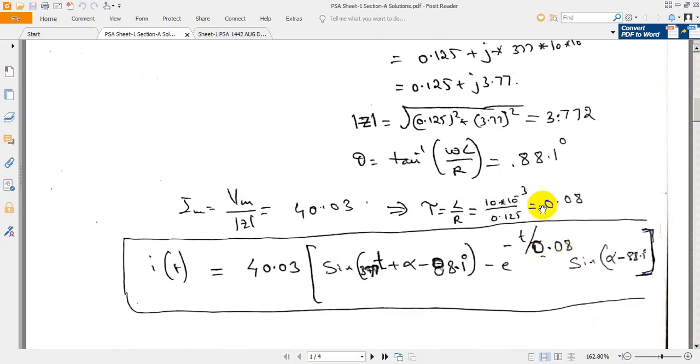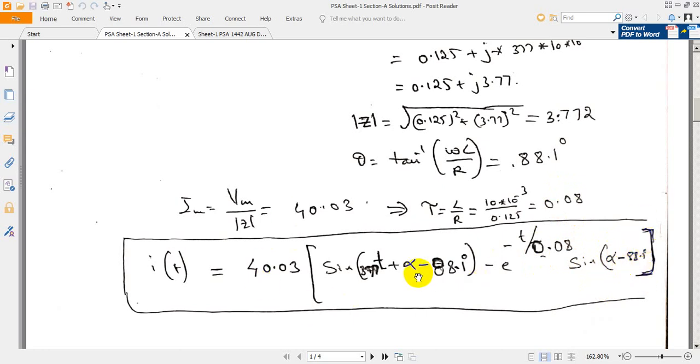Substitute these calculated values in the current response equation: Im is 40.03, sin(omega t plus alpha minus theta), theta is 88.1 degrees, minus e to the power minus t by tau, tau value is 0.08, sin(alpha minus theta). This is the current response.